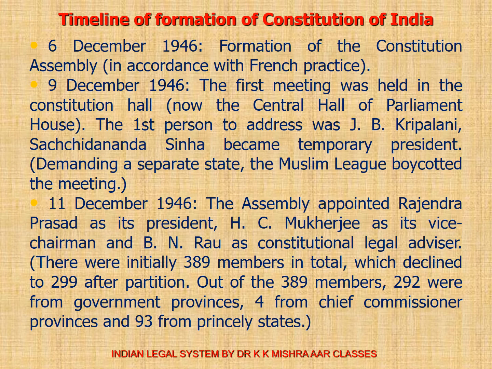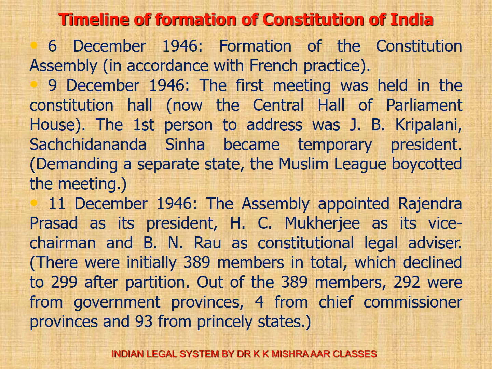Another remarkable date comes: 11th December 1946. The Assembly appointed Rajendra Prasad as its president, H.C. Mukherjee as its vice chairman, and B.N. Rau as constitutional legal advisor. There were initially 389 members in total, which declined to 299 after partition.